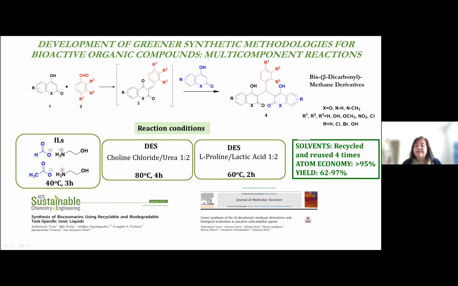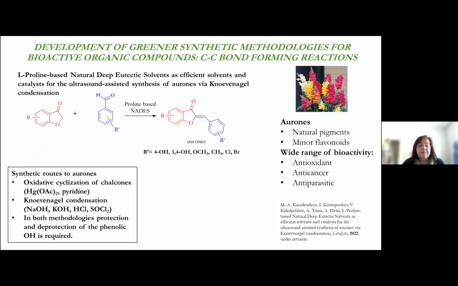So we could recycle and reuse the solvents up to 4 times. A very high atom economy, as expected in multi-component reactions, was observed, and moderate to good yields were obtained with high purity compounds. These compounds are of pharmaceutical interest because they showed anticandidial activity.